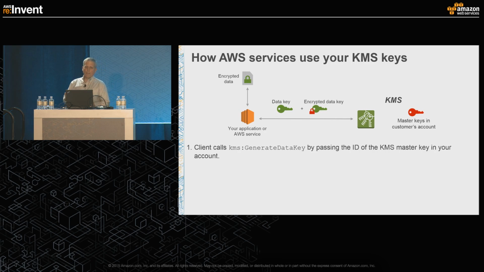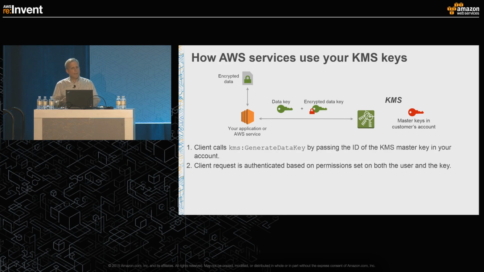So in this case, the client calls to KMS and says, I need a data key that's unique to this resource. So generate data key is the API that's called. And I want that data key protected underneath a master key inside this customer's account. Okay? So you get to decide which master key is being used to protect a given resource.